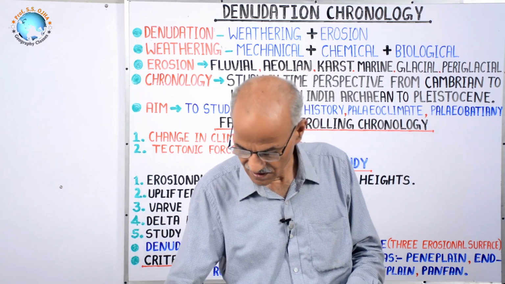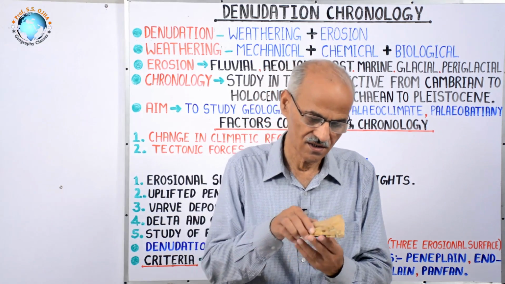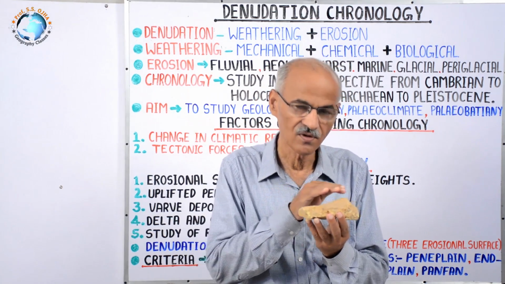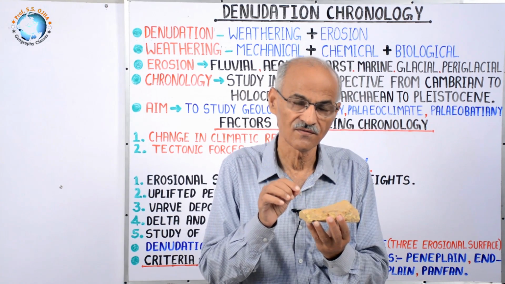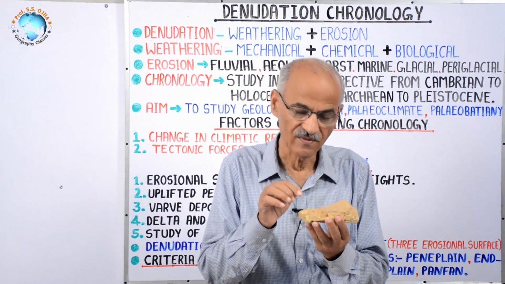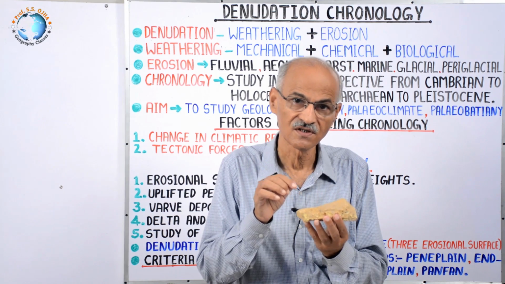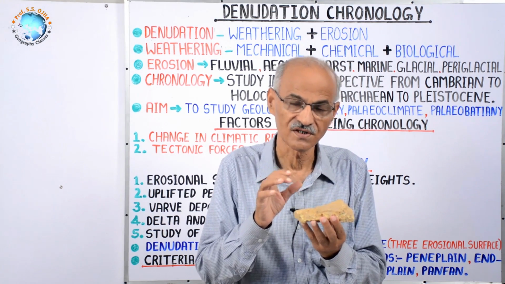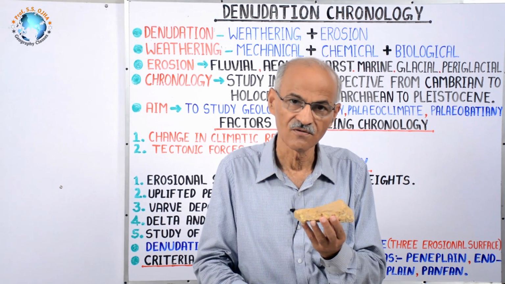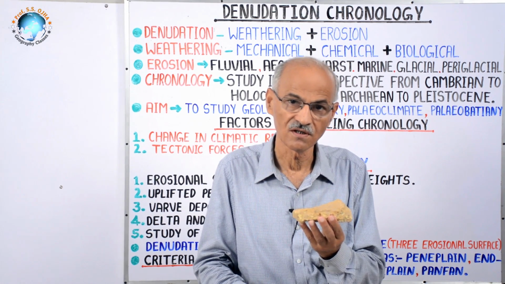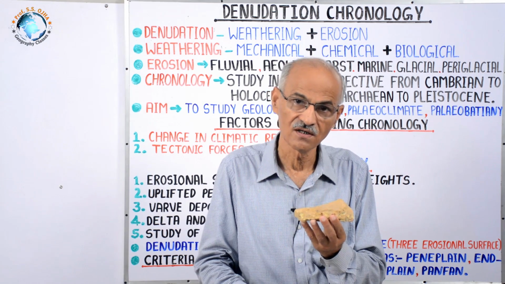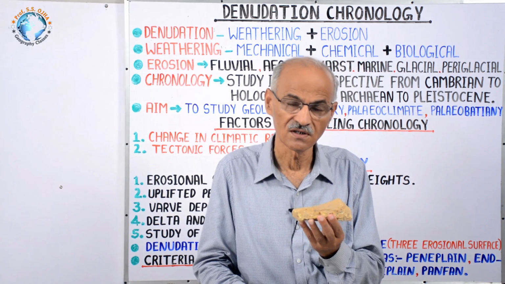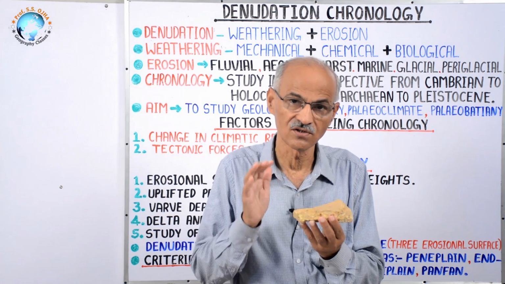Suppose there is one rock, and this rock has top layer consisting of different elements consisting of sand, silt, clay, and it is very hard. First, this rock will be weathered by the exogenic forces. Weathering is a process that occurs in situ.